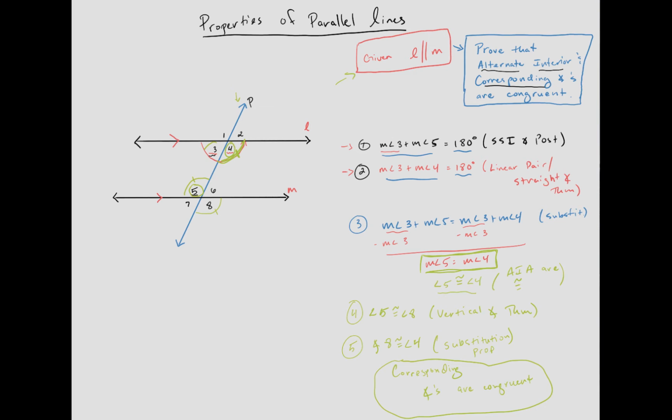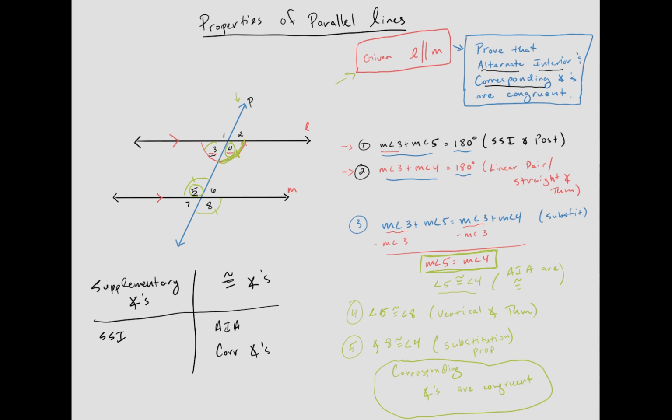And so there's really two situations you're going to run into when you're given these parallel lines: you're going to have some supplementary angles and you're going to have congruent angles. So far for supplementary, we have same side interior angles, and for congruent, we just showed that we have both alternate interior angles and corresponding angles.